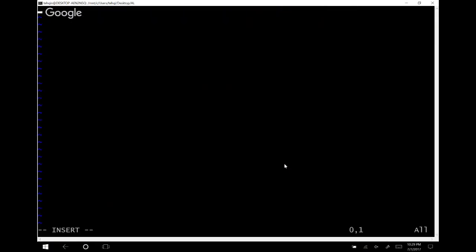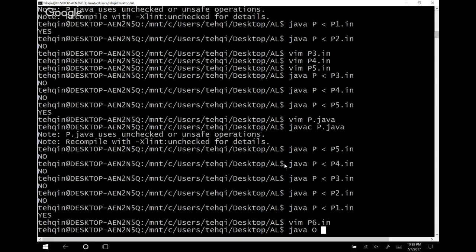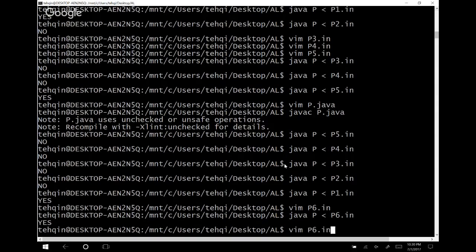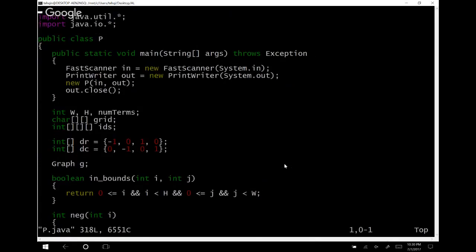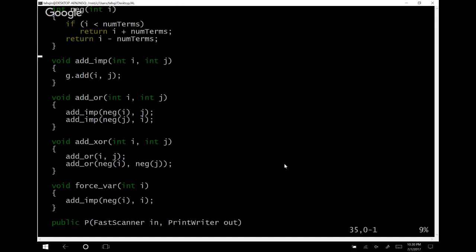Okay, so that's a problem. Let's print out some stuff every time there's an or statement.